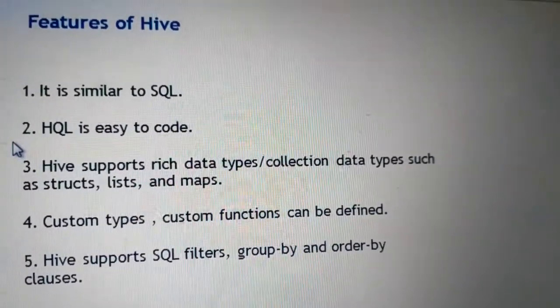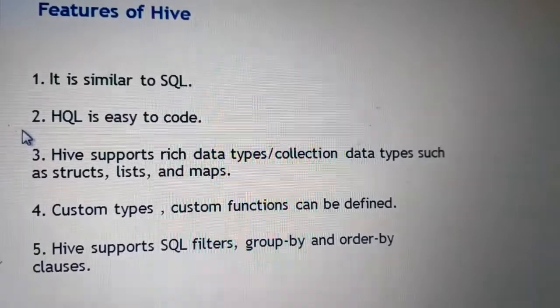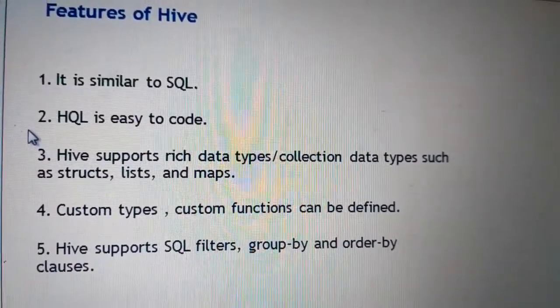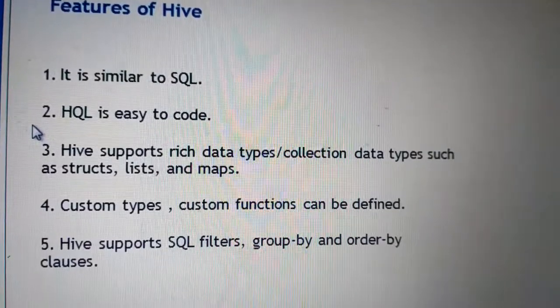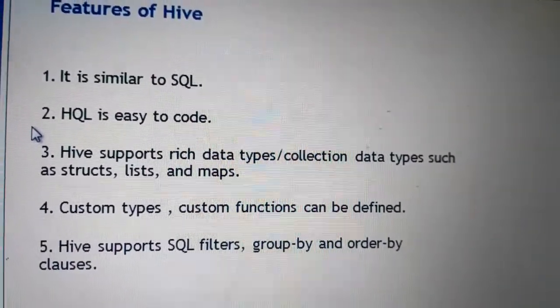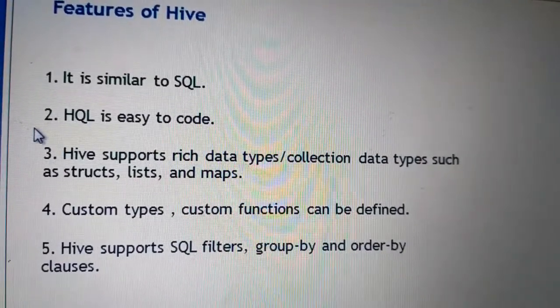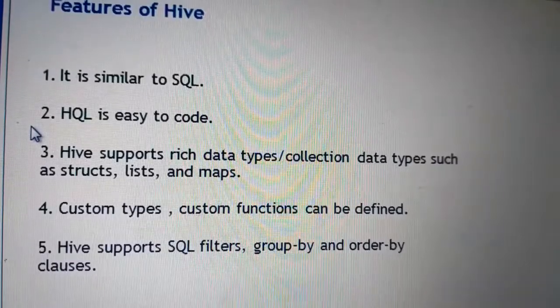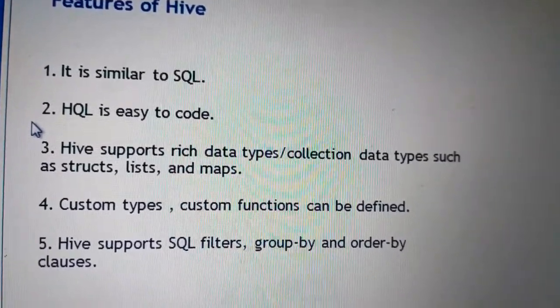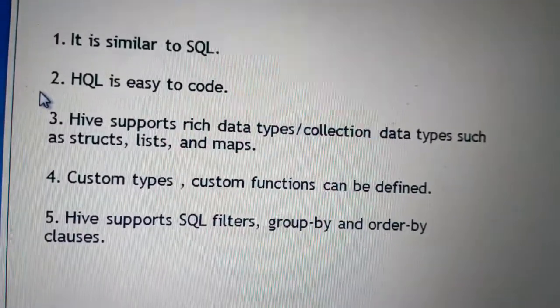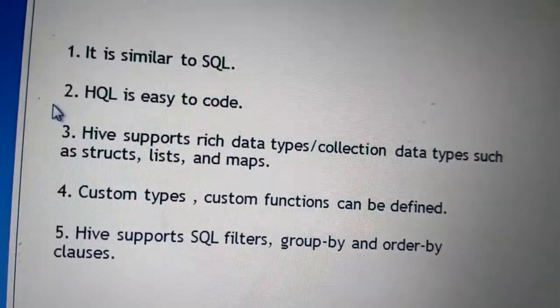Features of Hive. It is similar to the structured query language SQL, and HQL is easy to code, H for Hive. Then Hive supports rich data types, collection data types such as structs, lists, and maps. Custom types and custom functions can be defined. Hive supports SQL filters, group by and order by clauses.